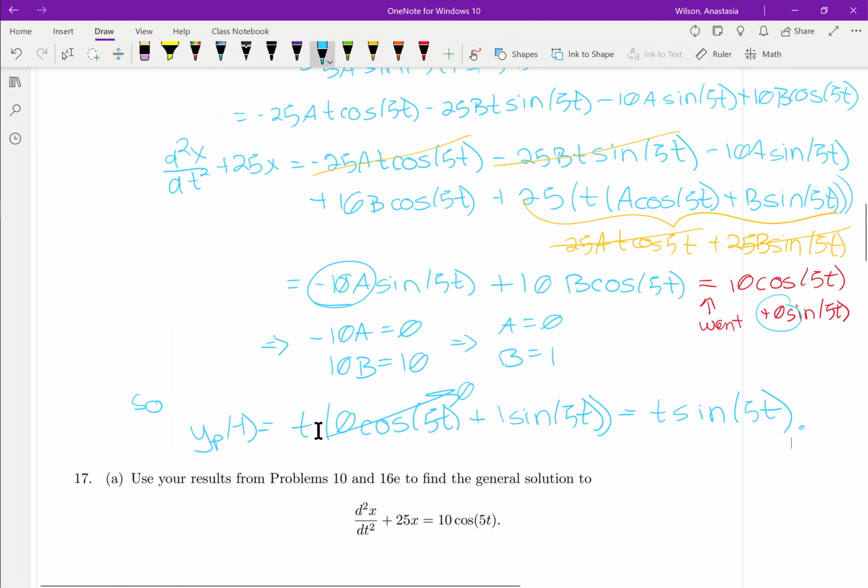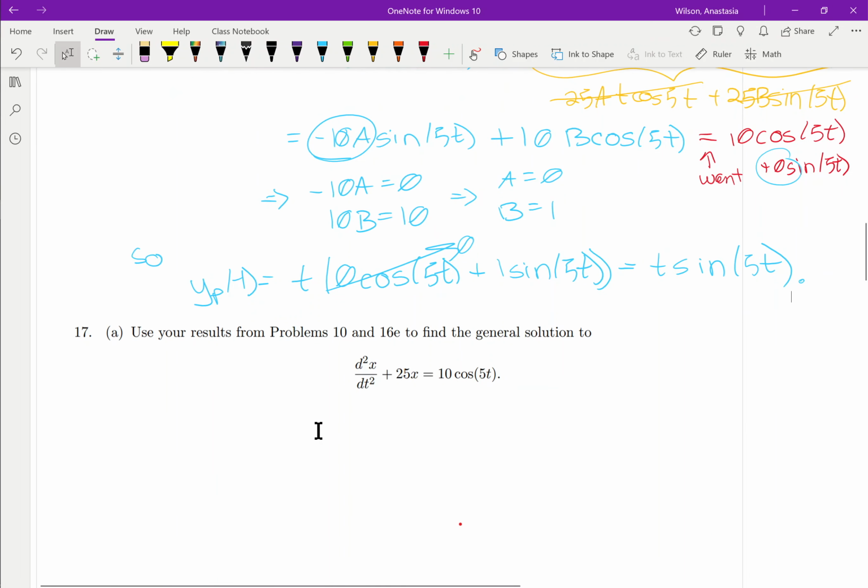But we're going to continue on in this video with number 17 because it uses what we did in part 16e. This says use the results from problems 10 and 16e to find the general solution to this differential equation. If you recall, the general solution to a non-homogeneous equation is found by adding the homogeneous and the particular. The homogeneous solution we found back in problem 10, and the particular solution we just found.